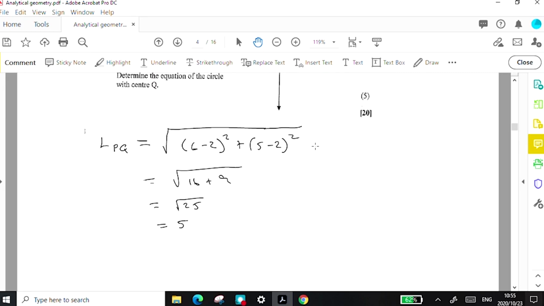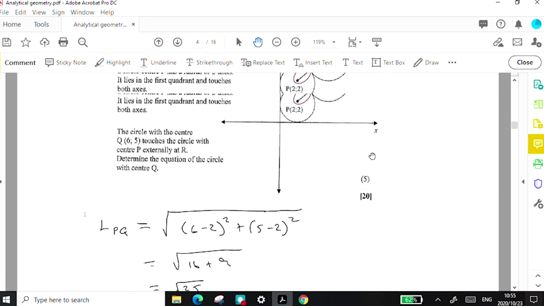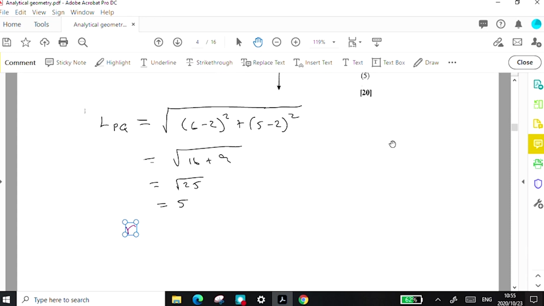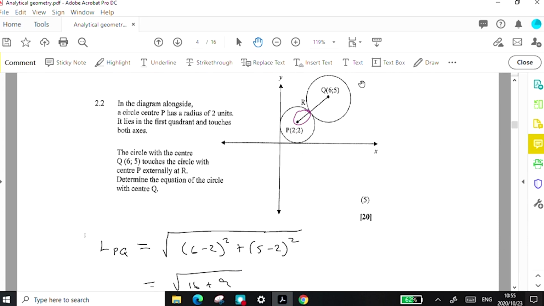So the radius for the circle centered at Q should be equal to 5 minus 2, which is equal to 3. So the radius for the circle centered at Q should be equal to 3 units.